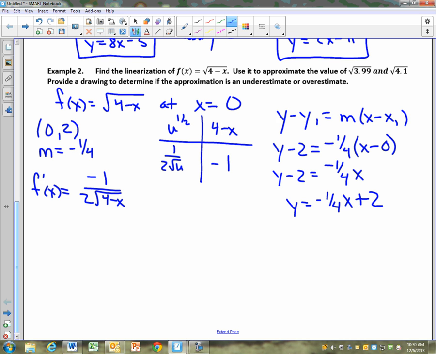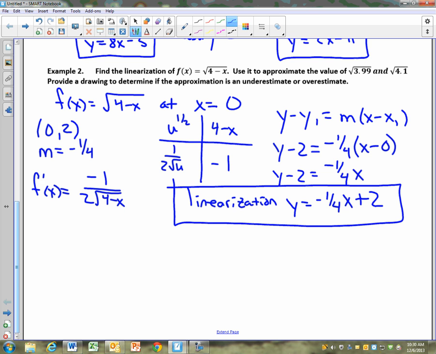Now, this is the linearization. Now what we need to do is use it, because it says use it to approximate these. Now a lot of times people see it and they're like, well, I want to plug in 3.99. No. Very good.